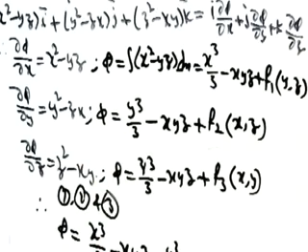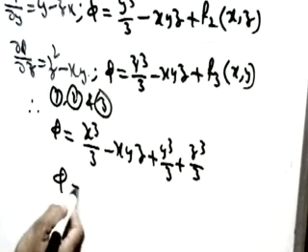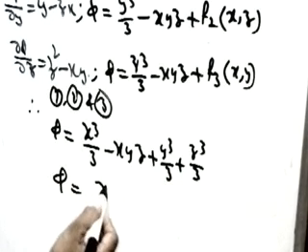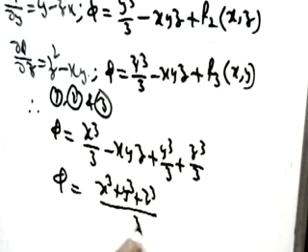Terms of y are here, so y cube by 3. Terms of z are here, z cube by 3. We don't have any terms including y and z, so leave this one. So phi equals, I'm writing like this, x cube plus y cube plus z cube by 3 minus xyz.